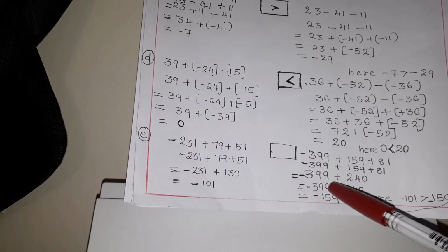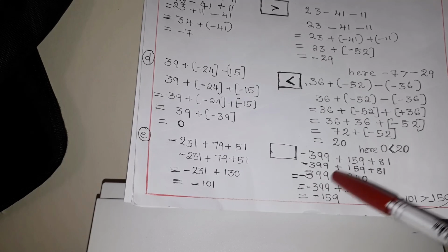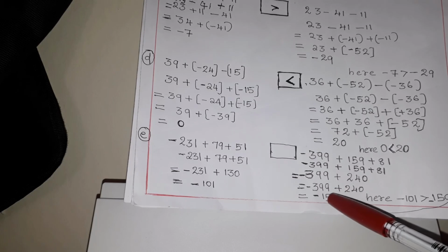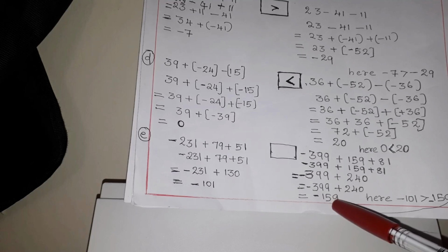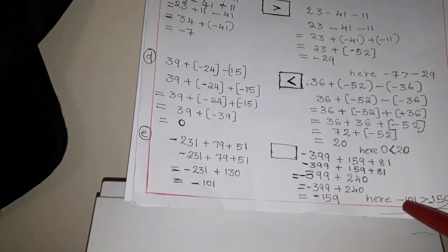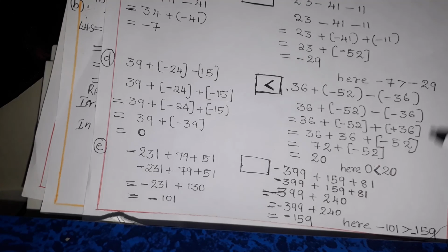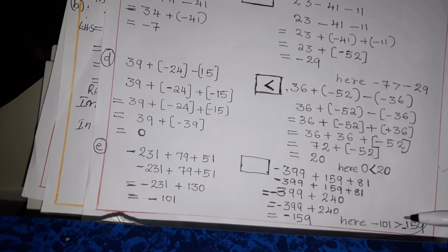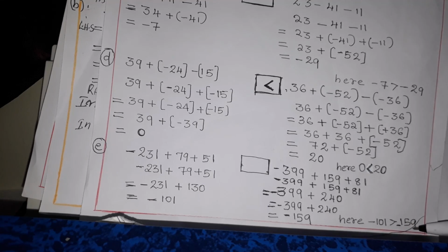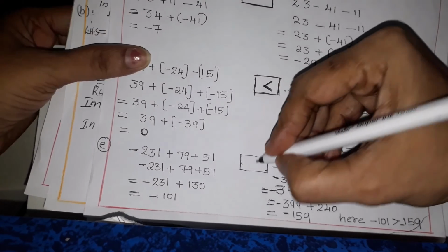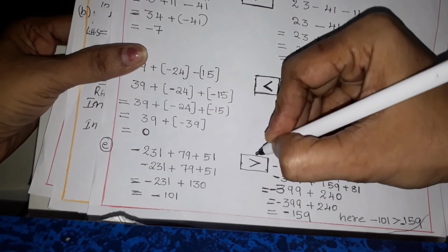So minus 399 plus 240. So what is the difference? You get 159 and put the bigger sign. So minus 159. Here minus 101 is greater than minus 159. So we have to put the sign like this. Okay, isn't it?